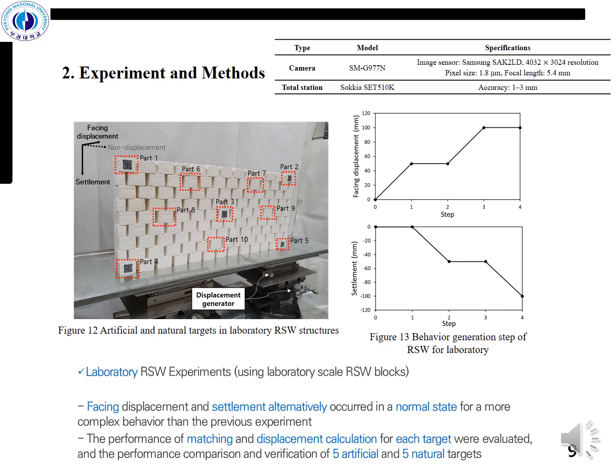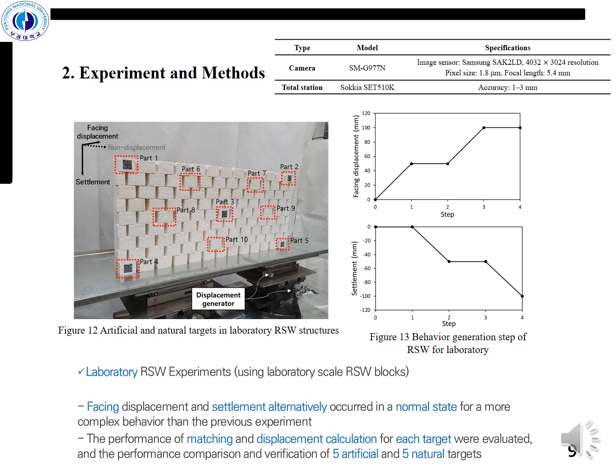Figure 12 shows the experiment setup, and we used a total station to take real and reference displacement at each ROI. The table shows the specification of materials used in this experiment.